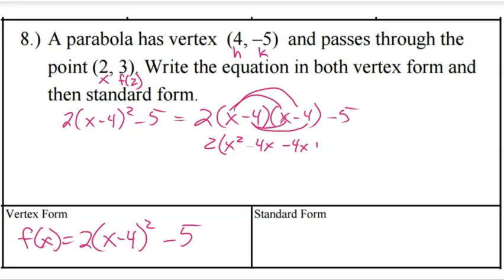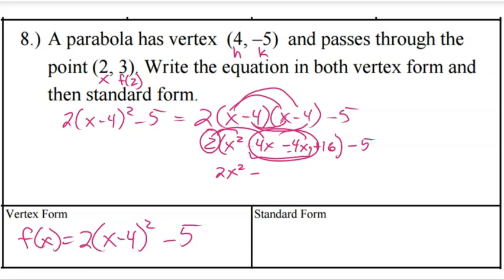Negative 4 times negative 4 is plus 16. And then I'll close the parenthesis and put the minus 5. Now I'm going to distribute the 2. 2x squared, and I have to combine the negative 4x. That's going to become negative 8x. And negative 8x times 2 is negative 16x.